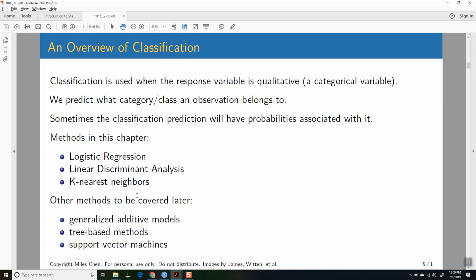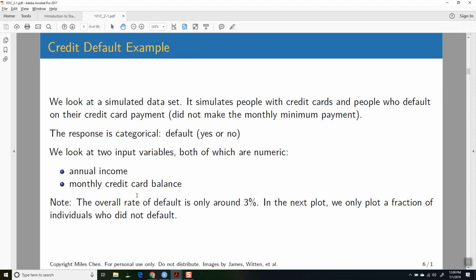Other classification methods we'll talk about later in the text are the generalized additive model, tree-based methods like random forest, and support vector machines. But today we'll look at logistic regression.